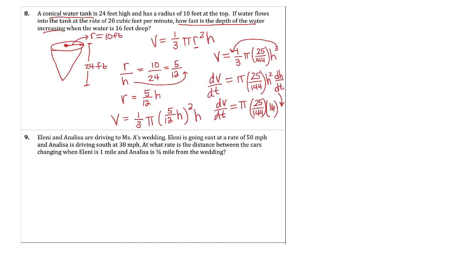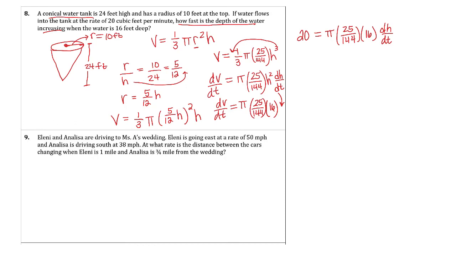So we see that the water is flowing into the tank at 20 cubic feet per minute. So that's going to be our rate of change of our volume. So we have 20 equals pi times 25 over 144 times 16 squared, and here's our dH/dt that we've got to find. So we're going to divide all this over.